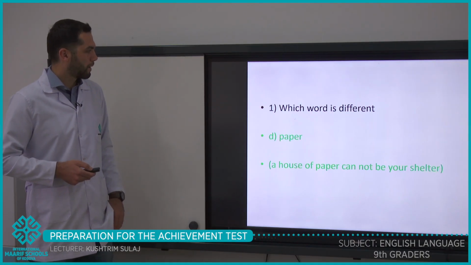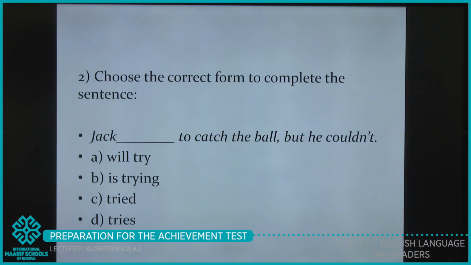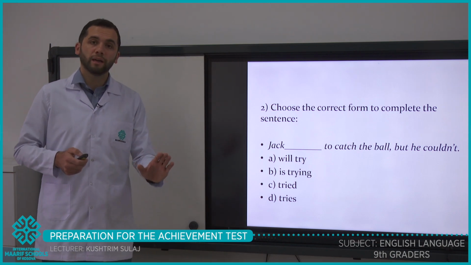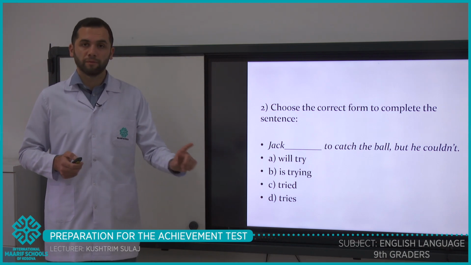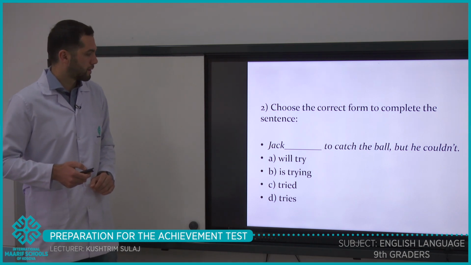Good. Question number 2. It says, choose the correct form to complete the sentence. Jack will try, is trying, tried or tries to catch the ball, but he couldn't. Now, we have to analyze the main verb of this sentence in order to find out the tense.